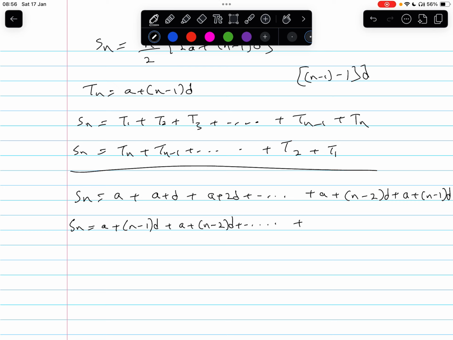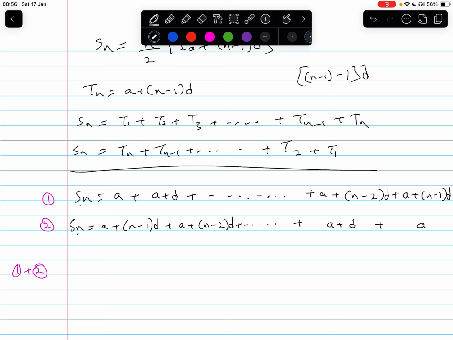I'll remove this one, we don't need it. Cool. So now we're going to add these two formulas together. This one is 1, this one is 2. So now we add the equations together.